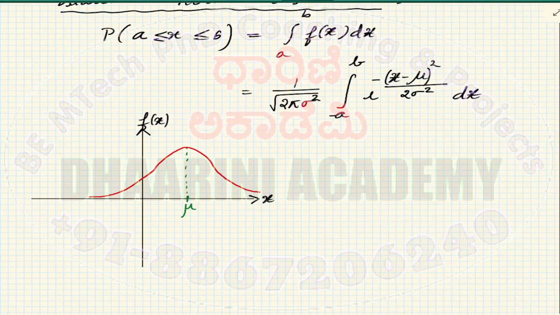If you put x equal to mu here, the numerator becomes equal to 0, correct? In other words, if you look at the signal's aspect, you are actually supposed to move this to the left. That's what I mean. I have to move this signal to the left so that the mean comes to the center.